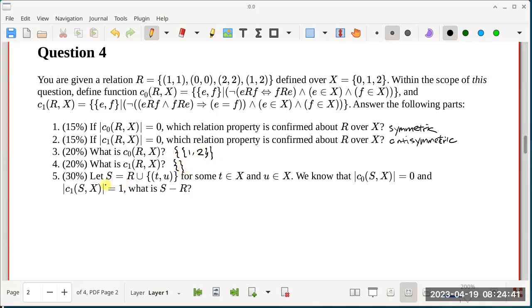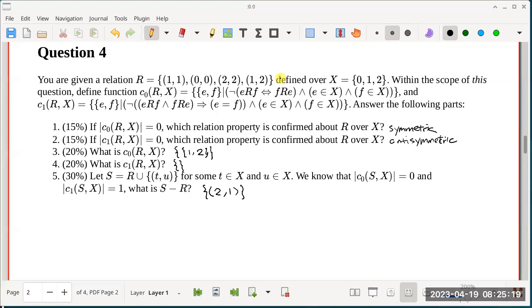So part 5 of the question is asking, can we just add one more 2 tuple to the entire thing so that it is symmetric, but it is no longer anti-symmetric because we find one counterexample? So the answer in this case is going to be adding 2, 1 as a 2 tuple to R in order for the resulting S as a relation to be symmetric, because now 1, 2 has a matching 2, 1.